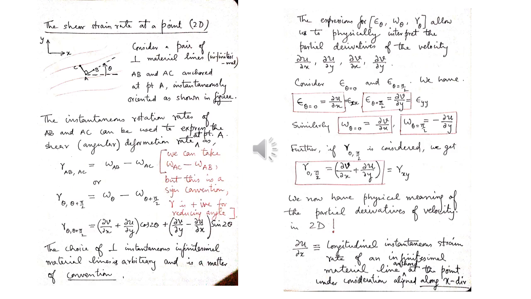Right, so we pick up the discussion on shear strain rate at a point in two dimensions. As I pointed out earlier, for shear strain rate you need to consider a pair of perpendicular material lines, of course infinitesimal.